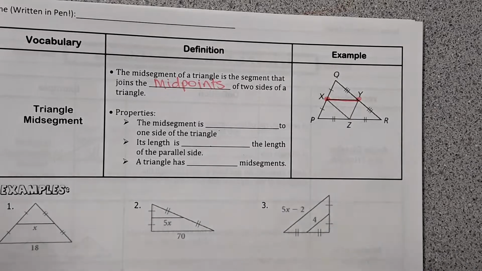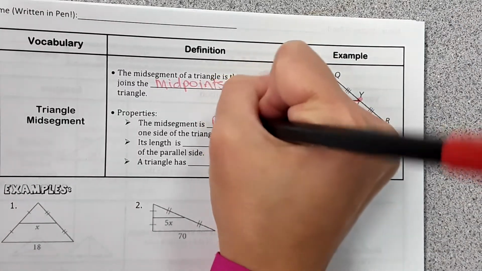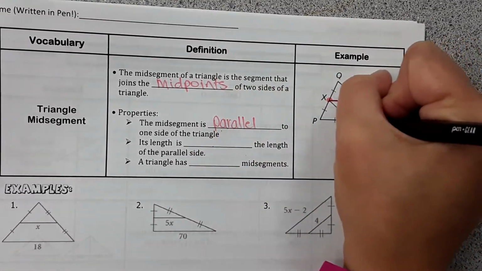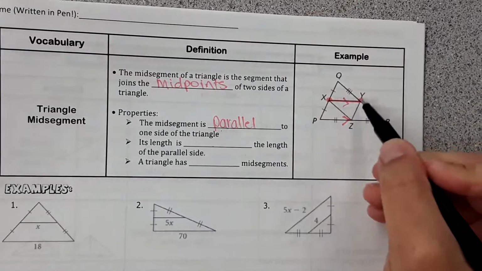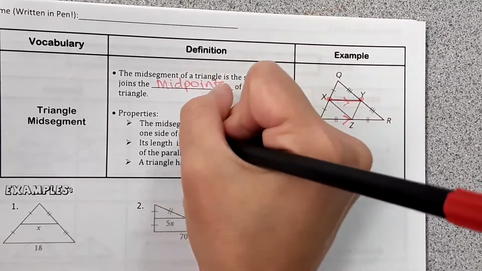The midsegment is parallel to one side of the triangle. So this is parallel to this side right here. So then you have the proportionality here and here. And its length is half the length of the parallel side.